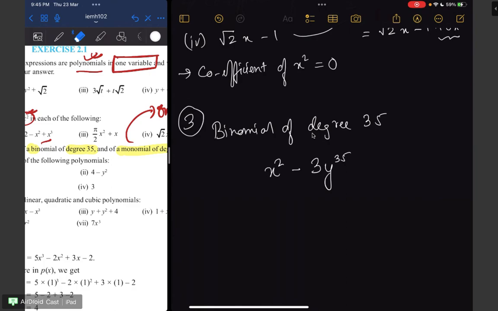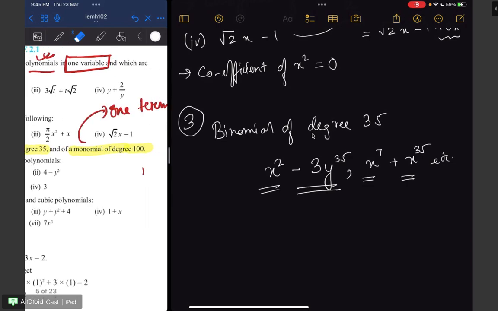Why is it a binomial? Because it has two terms and the degree is 35. Why? Because the highest power of a variable is 35. You can give some other examples also here, like let's say x to the power 7 plus x to the power 35 and various other examples. You just need to keep in mind that it should contain two terms and the degree should be 35.